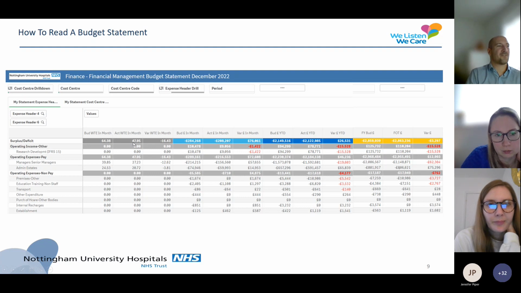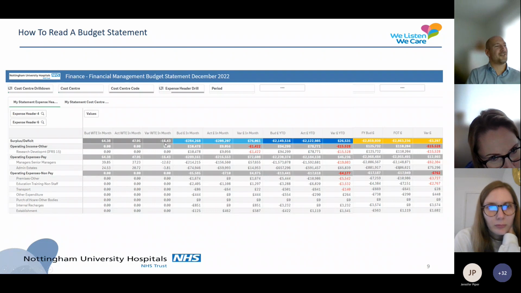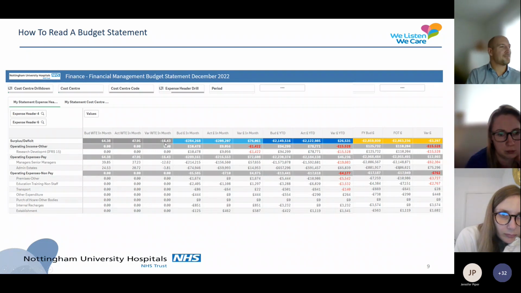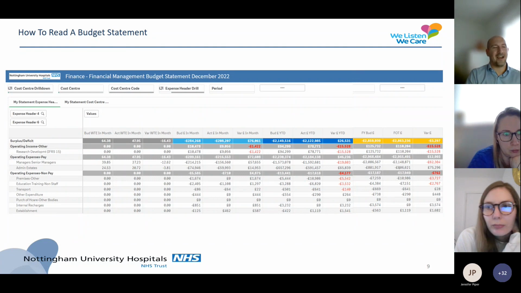So essentially what this is telling me is I've got an in-month budget for 64.38 whole time equivalent members of staff, and just under 48 have worked in month, which means I'm underspent, or have less than planned by 16.5. In and of itself that might look like a positive thing, but it might not be, because it might mean you're unable to deliver some of the services you should be.